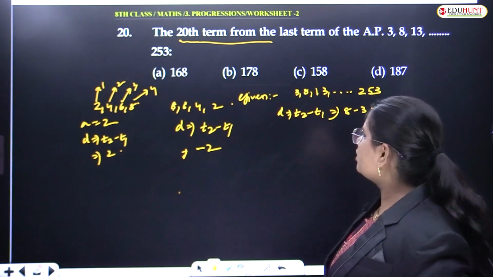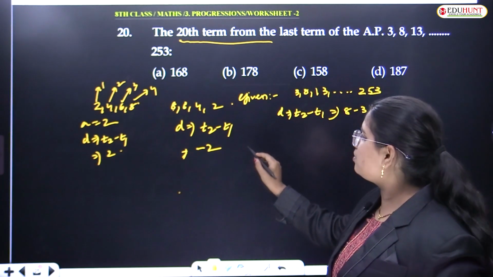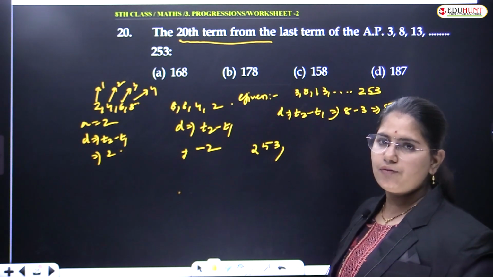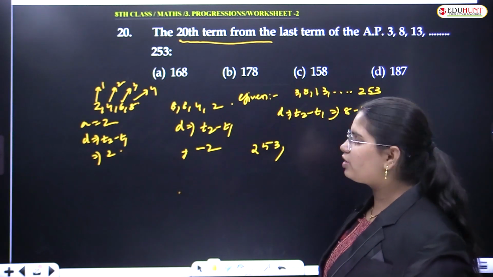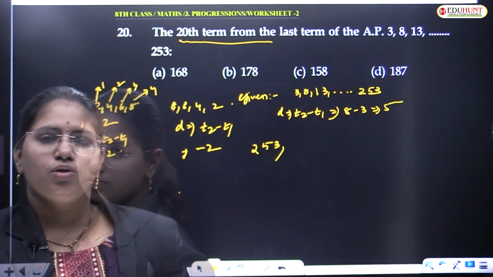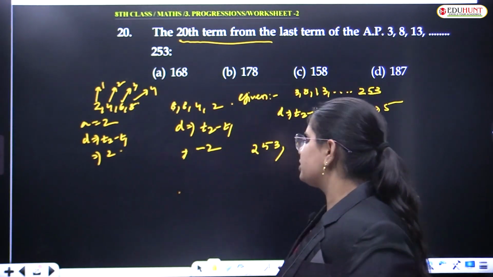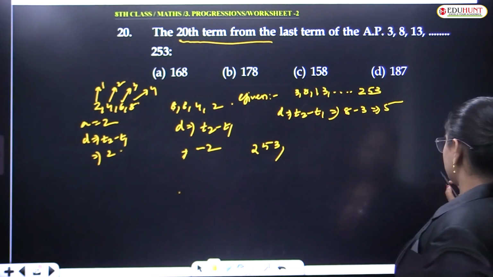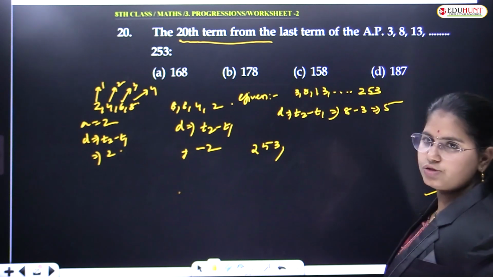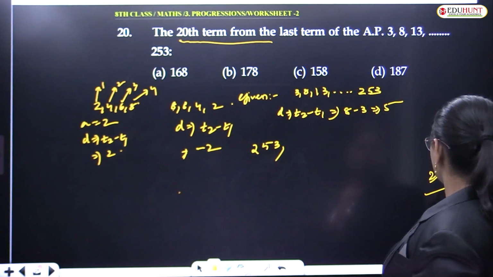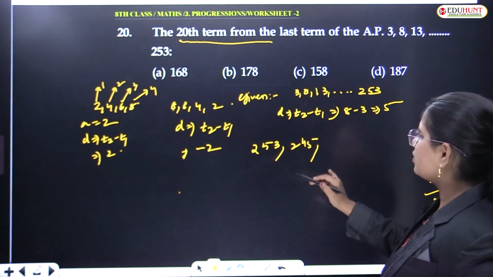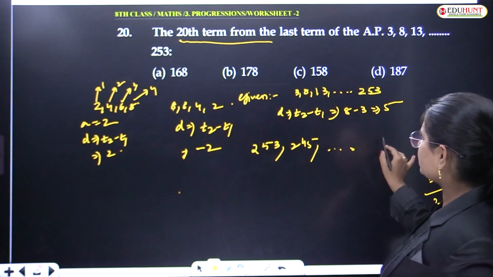So my first term will become 253. 253 minus 5 is how much? 248. Then 248 minus 5 is 243, and so on, and my last term will become 3.